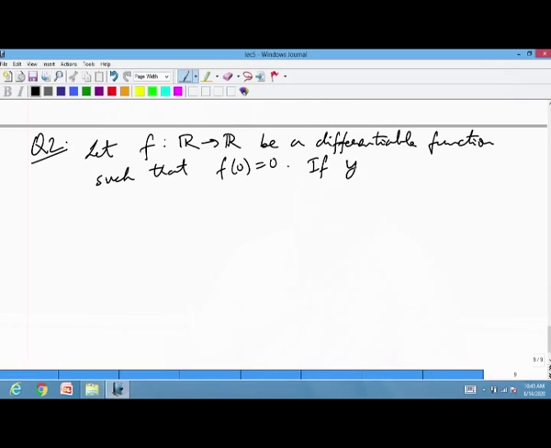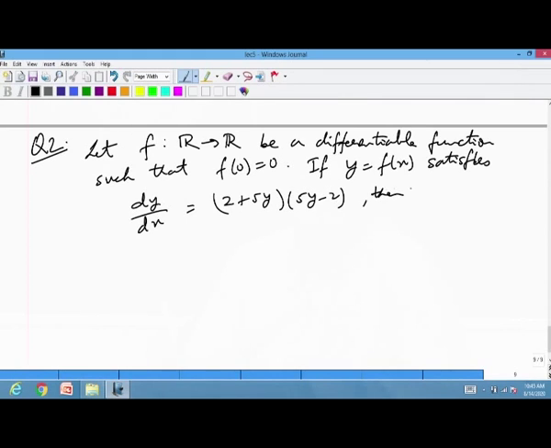If y equal to f of x satisfies dy dx equal to (2 plus 5y) times (5y minus 2), then find the value of limit x approaching negative infinity of f of x.